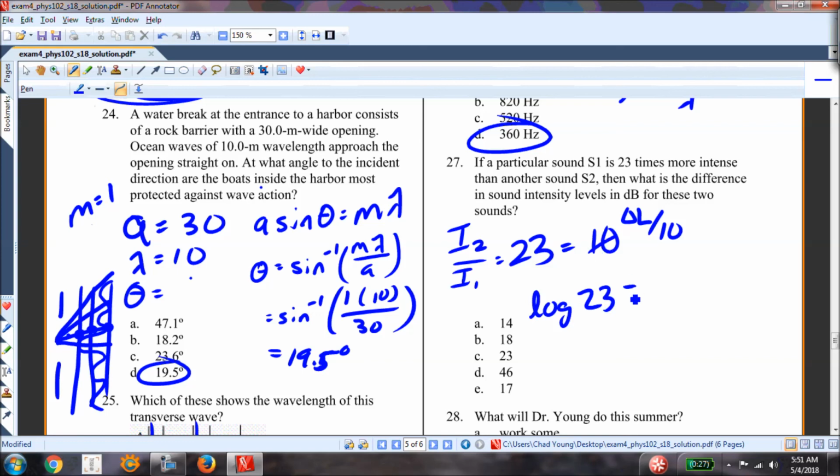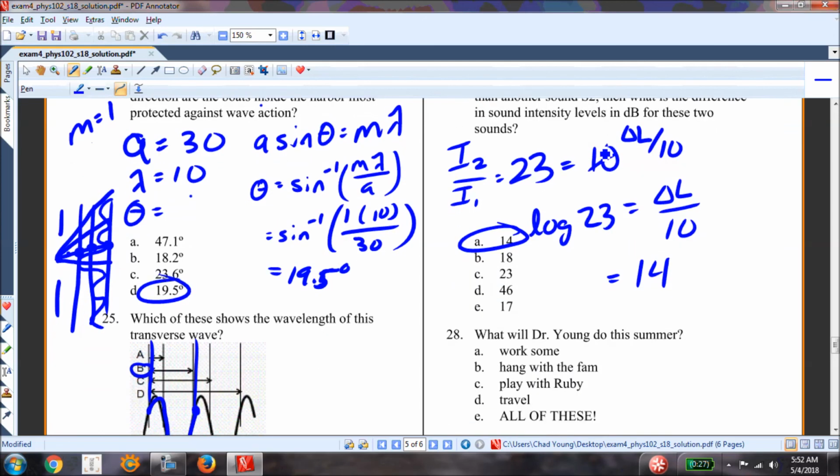The log gets rid of that. The log of 23 is 1.36. I multiply that by 10 and I get 14. So 27 is A. So if I increase my decibel levels by an amount of 14, it increases my intensity by a factor of 23.